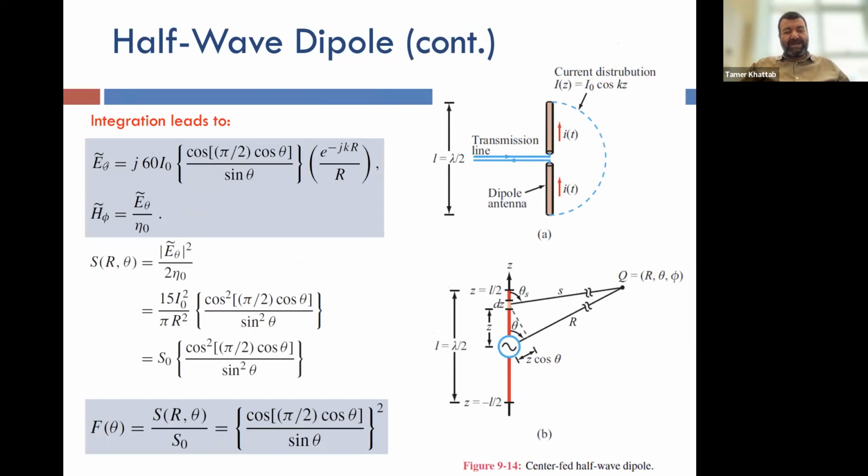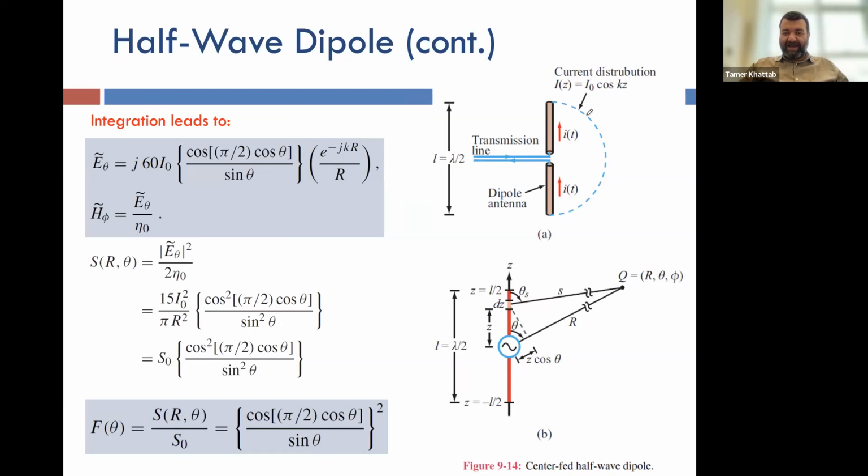So we have here the electric field, again, for the half wavelength antenna. So the length of this antenna is equal to lambda by 2. The electric field is again in the theta direction, similar to the Hertzian dipole. And it is again a function of the input current to the antenna, as well as the angle at which we are trying to measure the electric field.